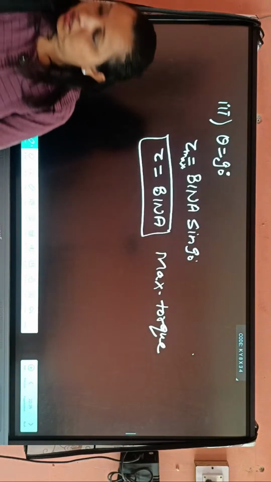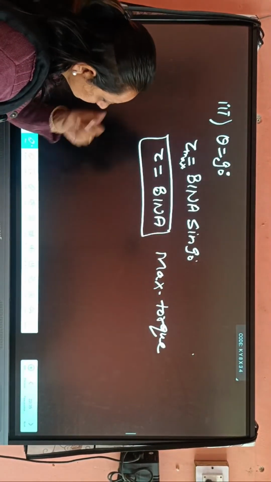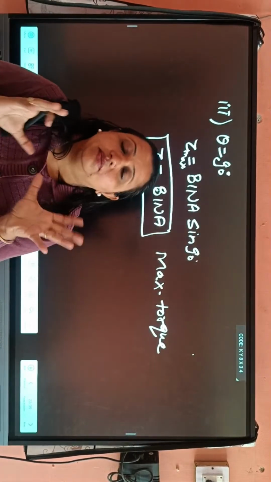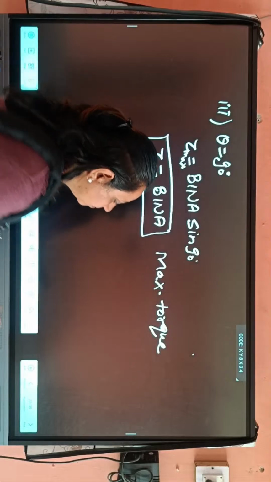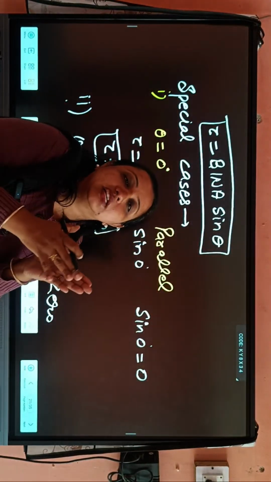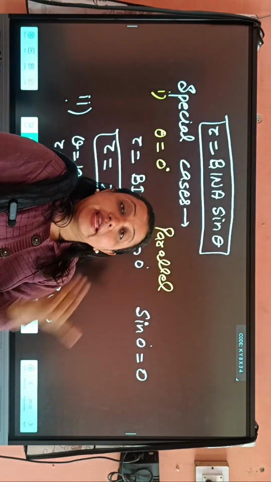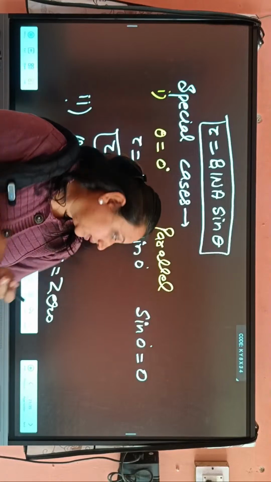Okay. So here we have covered the principle of moving coil galvanometer. It is a rectangular coil placed in a uniform magnetic field, and then it experiences torque. That means that rectangular coil starts moving.